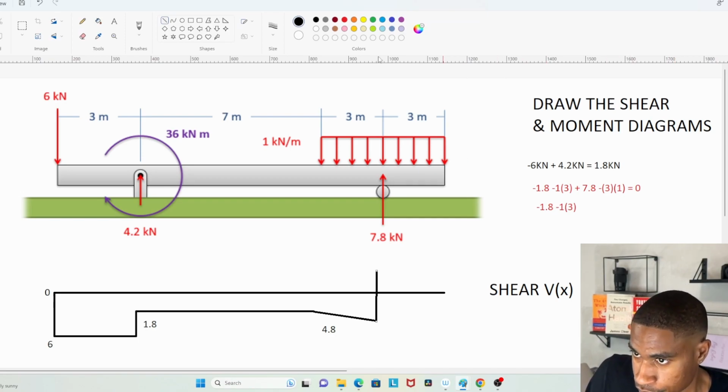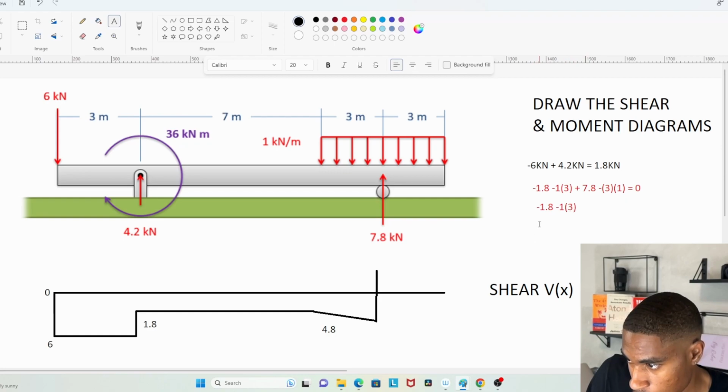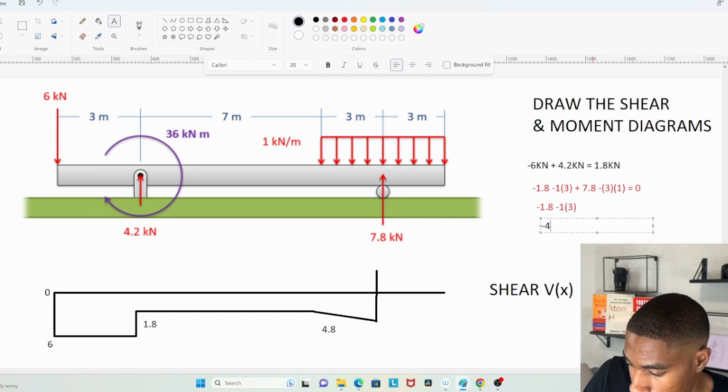So let's do another. I know that it went down to negative 4.8, but then we're going to do plus 7.8, which gives us 3.